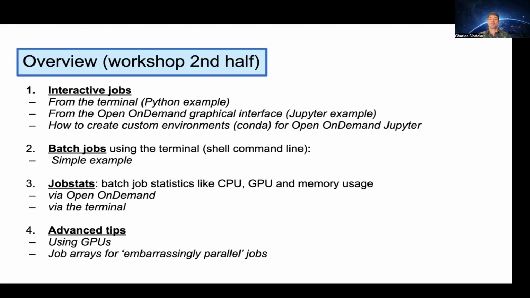Then I'll show you how to evaluate jobs while they're running and afterwards using a tool called Job Stats. And finally, I'll take you through some advanced tips, such as using GPU hardware on our cluster and simple ways to run parallel tasks. And at the very end, I'll also give you some tips on how to avoid common pitfalls encountered by users on the cluster and also how to get more help.